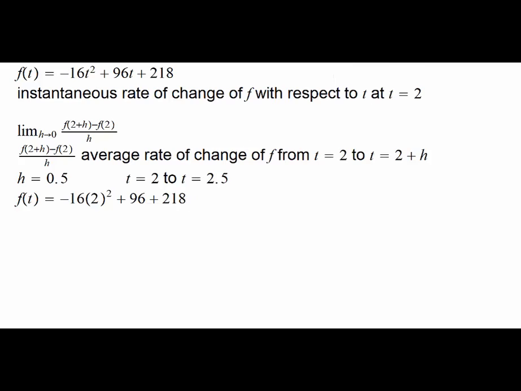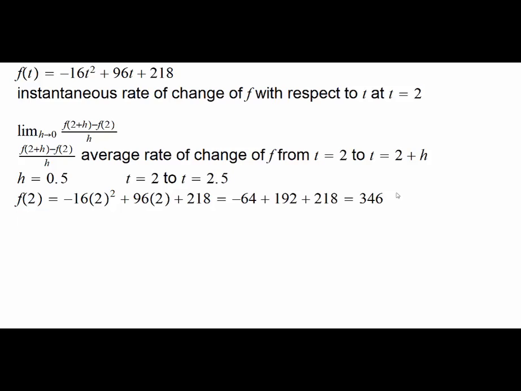And what we have is that negative 16 times 2 squared is negative 16 times 4, that is negative 64, plus 96 times 2 would be 192, and then we have plus 218. So that value is going to be 346, okay? And this is our f of 2.